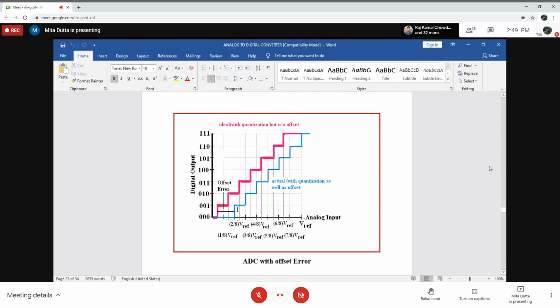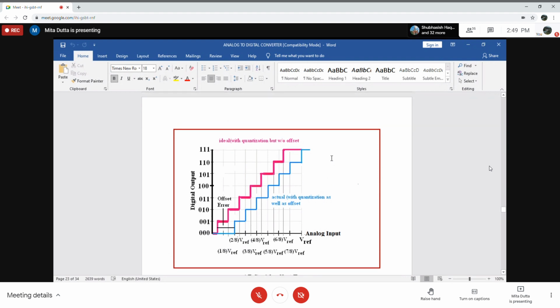And this offset error is due to, in successive approximation type, as well as in counter type and dual slope type, the offset voltage of the op-amp used in the ADC.